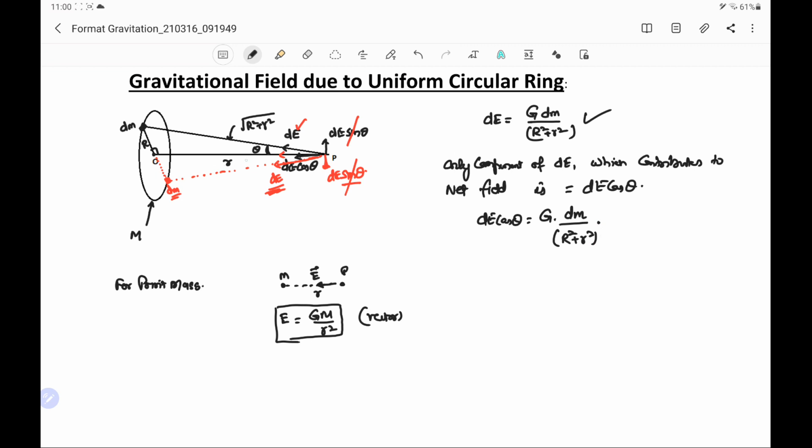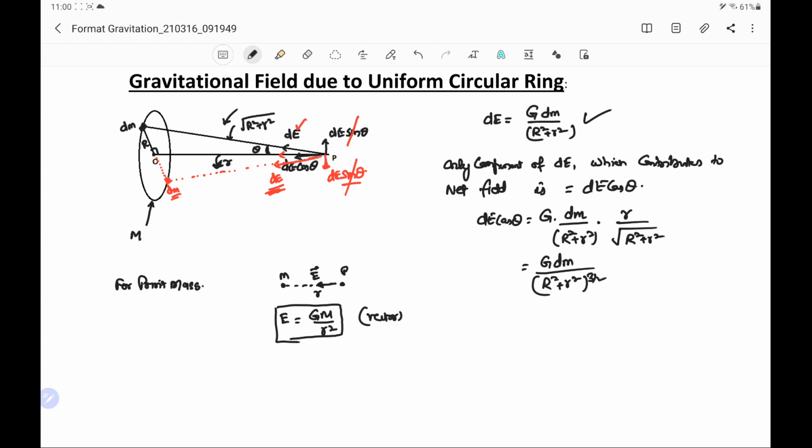Cos theta is base by hypotenuse. Base is r and hypotenuse is root of R square plus r square. So the base is r by the hypotenuse root of R square plus r square. Therefore we have G dm by R square plus r square raised to power 3 by 2.